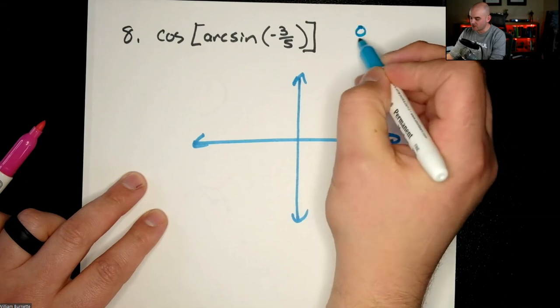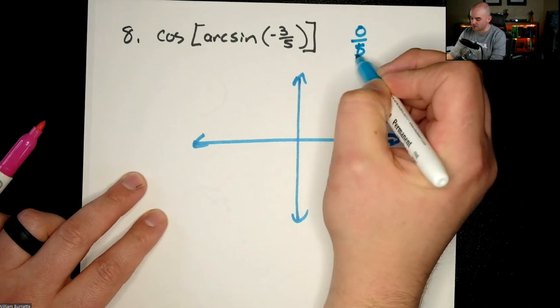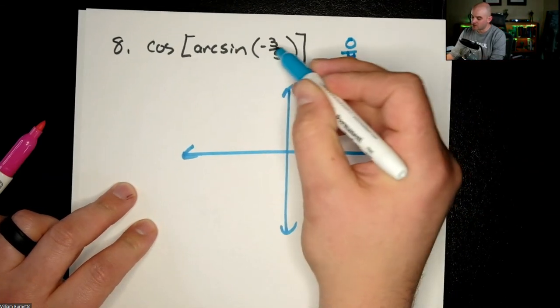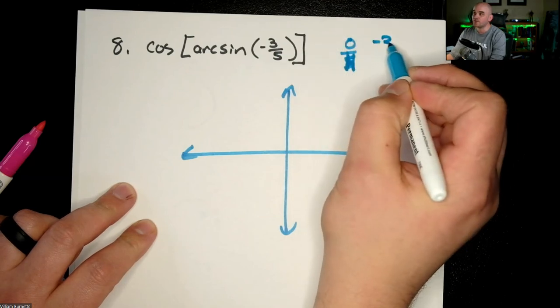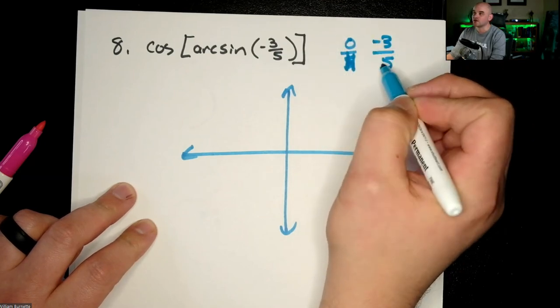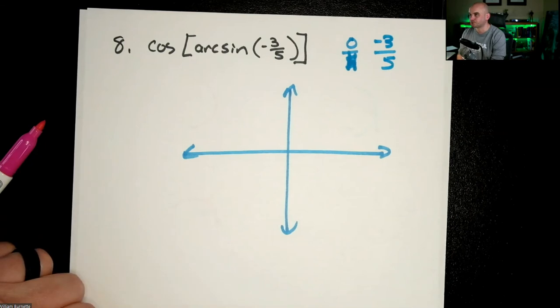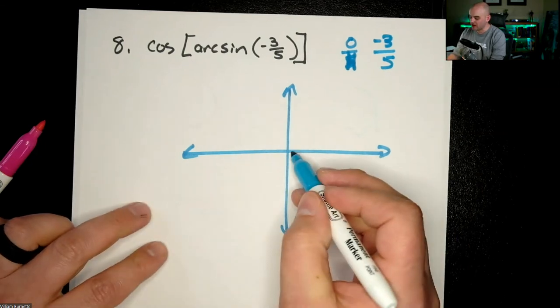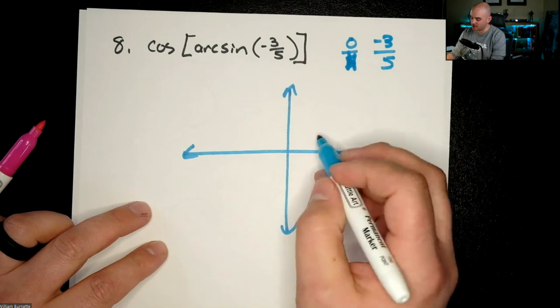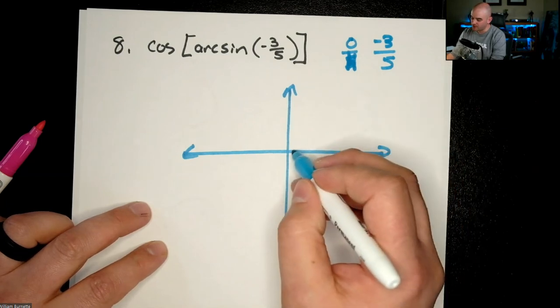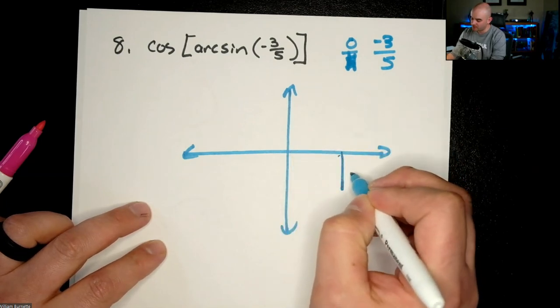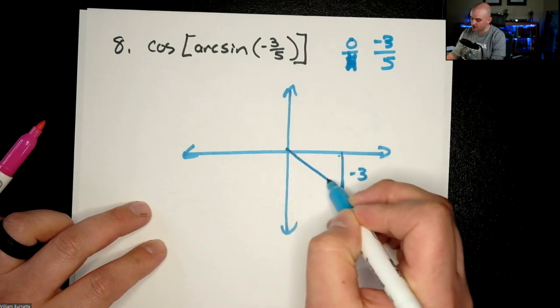Sine is also opposite over hypotenuse, so I've got -3/5. One of these is negative, but we can figure out it's the 3 because it's the opposite side. So -3 is the opposite side, and 5 is the hypotenuse.